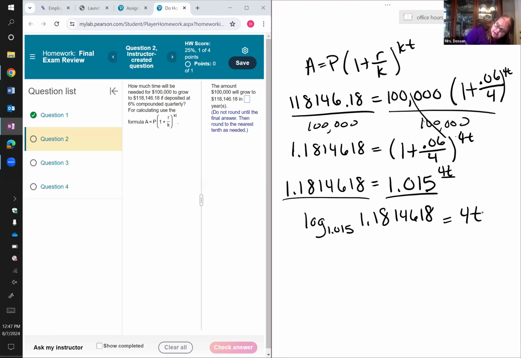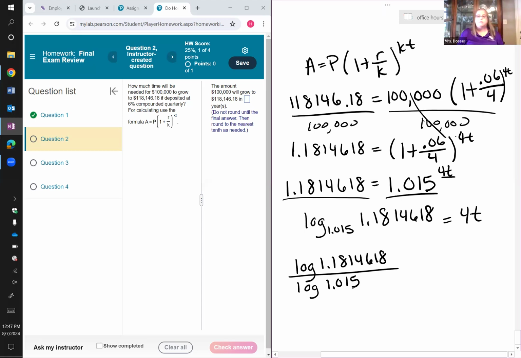When using the change of base formula, you enter in your calculator the log of what you're taking the log of, over the log of 1.015. That would switch it to base 10. Or you could switch it to base e and do ln of 1.1814618 over ln of 1.015.